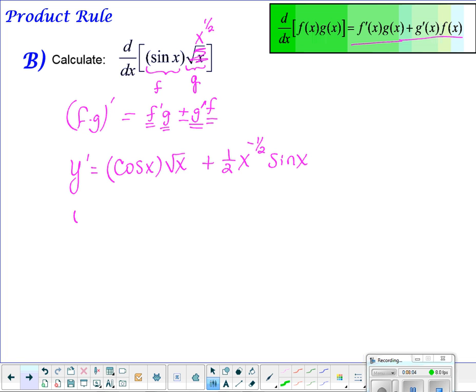Let's just do a nice cleanup line here to make it look pretty. I'm going to bring my square root x in front, multiplied by cosine x, plus 1/2, the 2 is in the denominator, sine is in the numerator, and this term, x to the 1/2, will drop to the bottom. A 1/2 power means the square root. And you may leave your answer just like that.